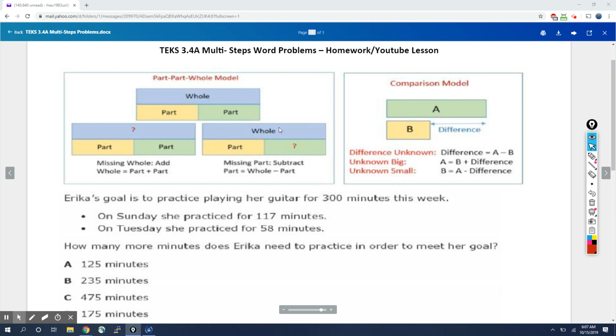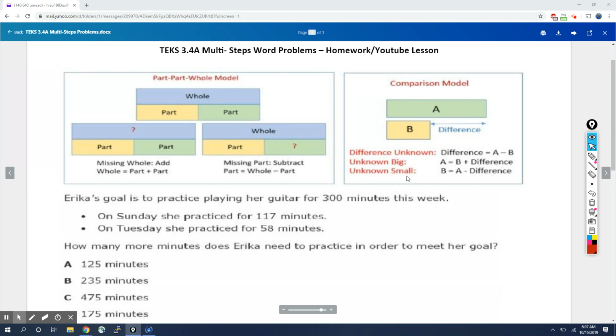Another type of question is comparing, which would be something more, something less, something longer, something shorter. If the unknown is the big one, we should have another model for this one, right? So if we have the big unknown, you are going to add the part already given with the difference.